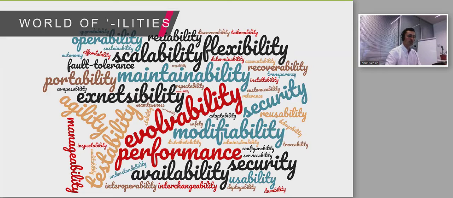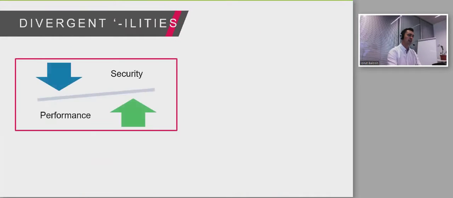But of course, we can't take all of them because some of these contradict each other. For example, if you have performance and security in your application and you want to satisfy both, be careful because one may impact the other. For example, increasing security, which has tactics like encryption, may impact performance.